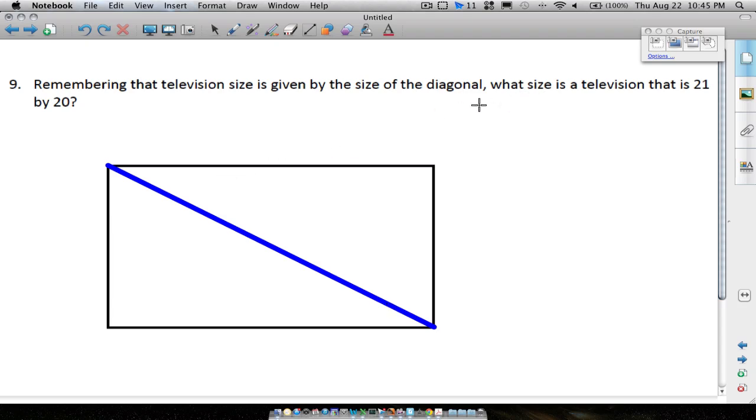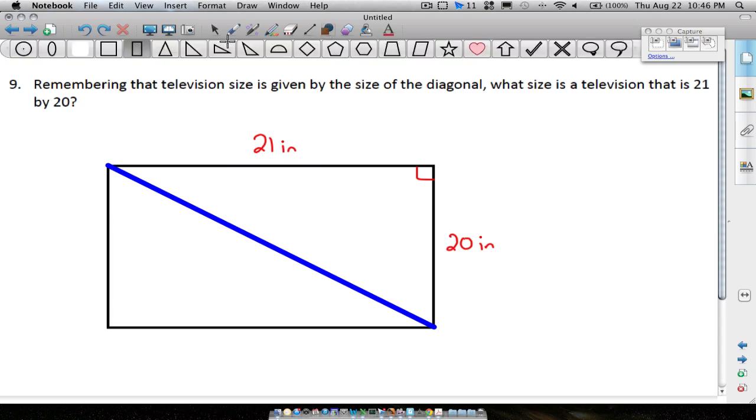So what we're trying to find is the size of a television. How many inches is a television? And it's based on the diagonal, given that the television is 21 by 20. And I'm going to say this is 21 inches, even though it's not listed in the problem, by 20 inches. So what we're really looking for here is the hypotenuse of this right triangle.